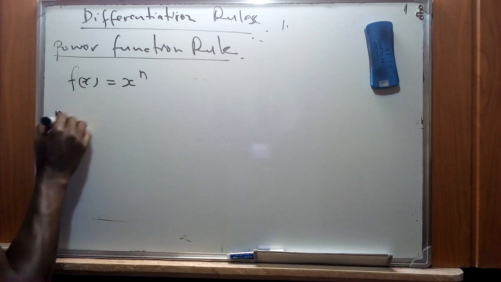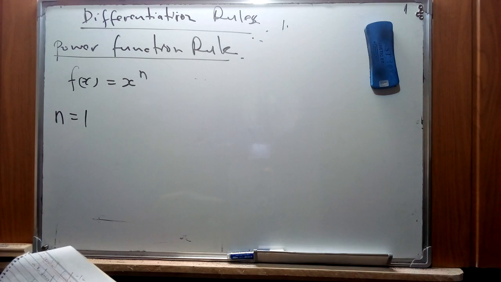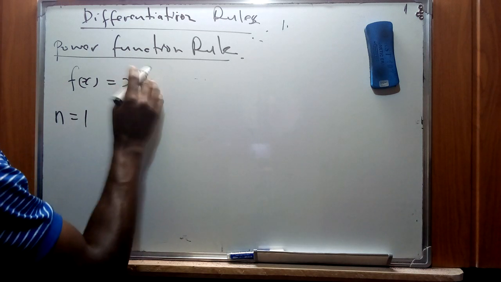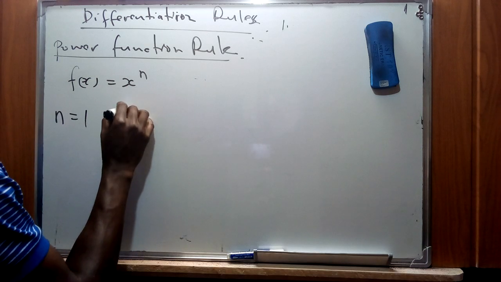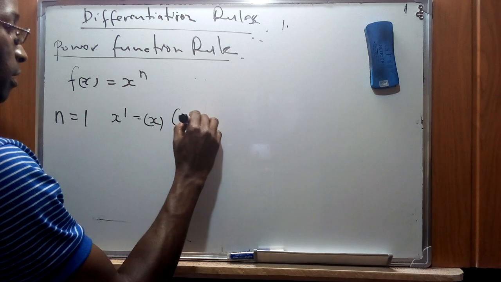Now suppose n is equal to 1, from the constant function rule we say that the derivative of a function will remain constant and will be equal to 1. So therefore, suppose n is equal to 1, so a number raised to power 1 will just be the same as that, so therefore this one will imply a constant.